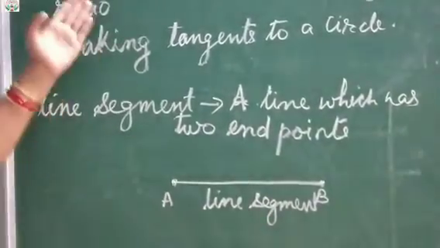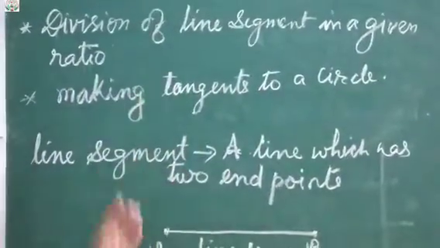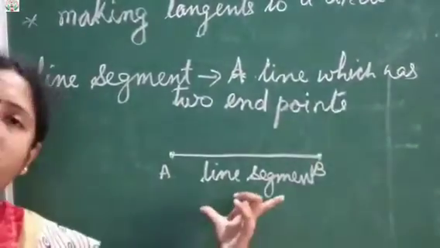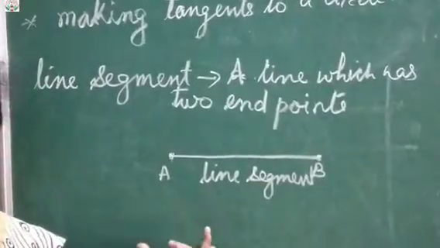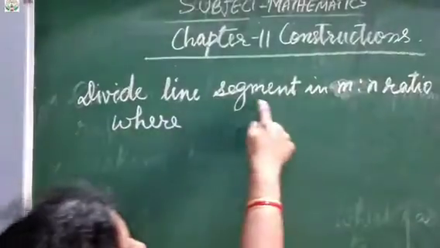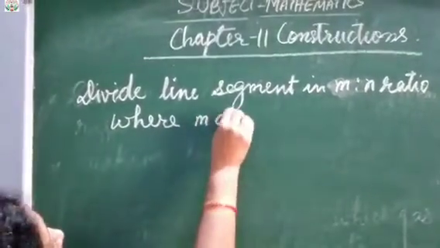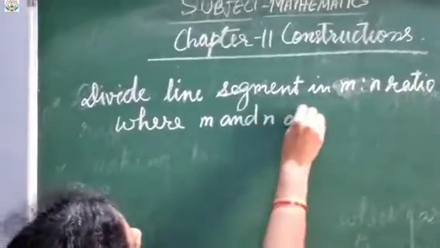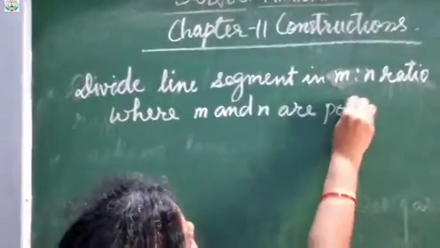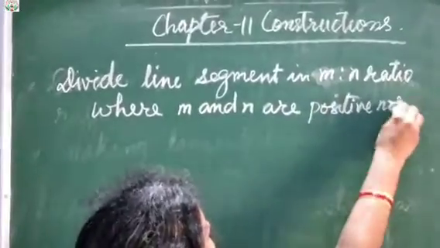Now the first topic is division of a line segment in a given ratio. That means, for any given line segment, how we will divide it into different ratios, for example in m:n ratio where m and n are positive numbers.